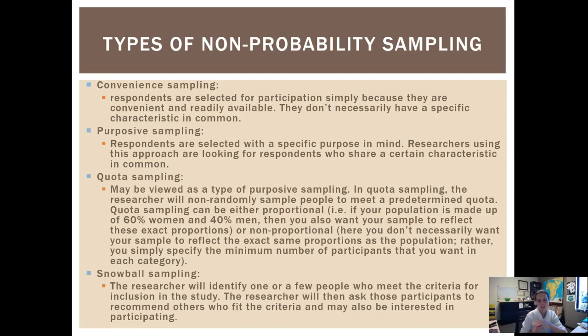This is a great type of sampling to use if you're trying to collect data from pretty closed-off populations. So for instance, if you want to go into Appalachia and collect data from individuals who have experienced domestic violence, that's a very difficult population to collect data from because those individuals would be very private, would be unlikely to want to share their story with a stranger.